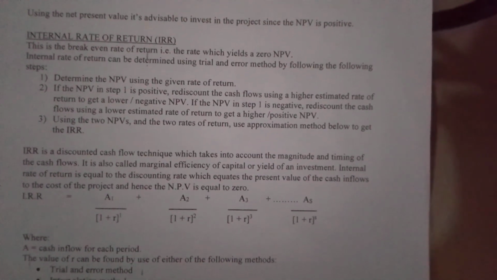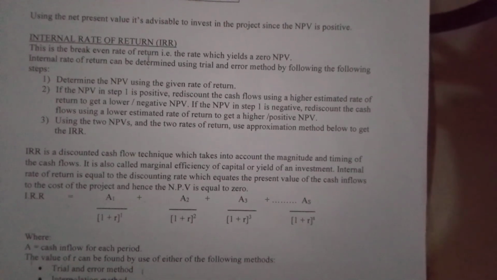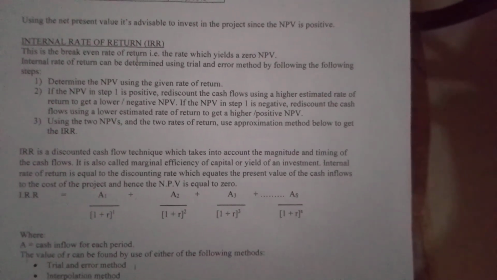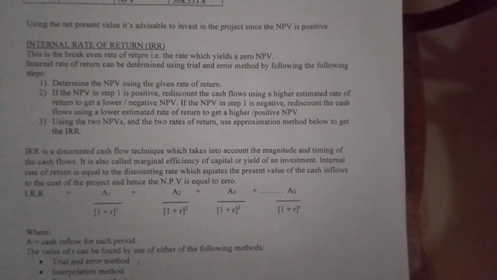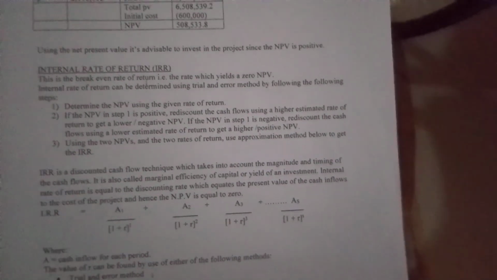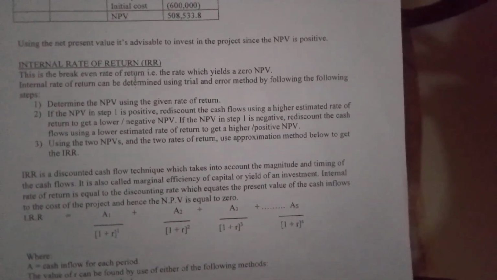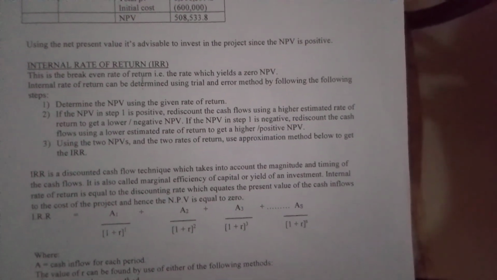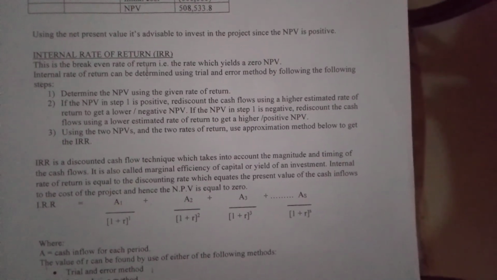In other words, internal rate of return is that rate which, when applied, gives our net present value as zero. We say net present value can either be positive or negative. So that's the definition of internal rate of return.